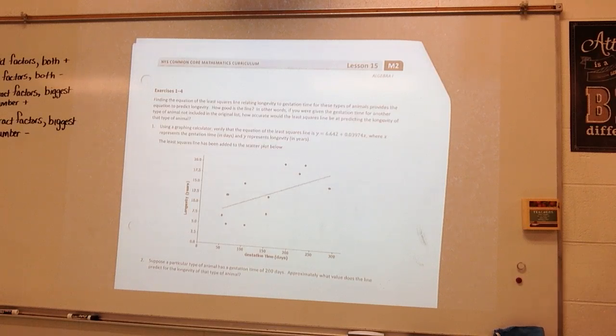Suppose a particular type of animal has a gestation time of 200 days. Approximately what value does the line predict for the longevity of that type of animal?